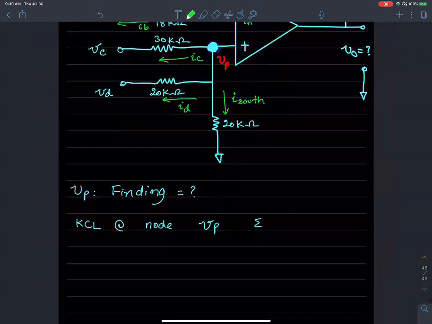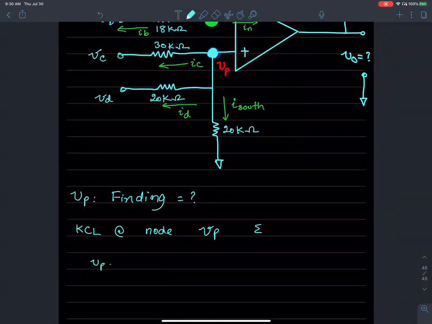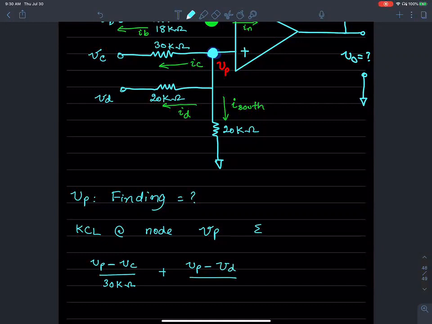By applying KCL at this node, Vp minus Vc over 30 kilo ohms, plus Vp minus Vd over 20 kilo ohms, plus Vp over 20 kilo ohms, all of that equals 0.